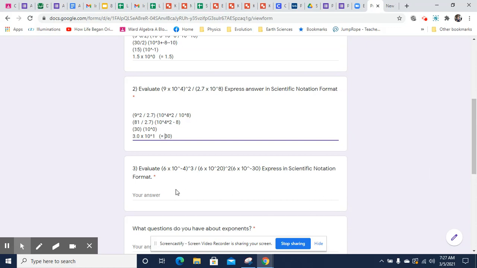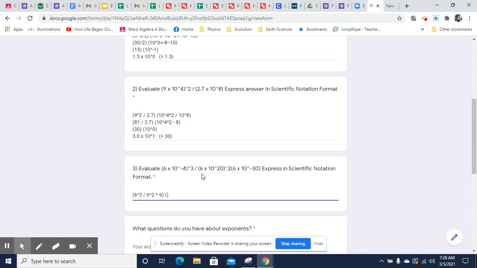Okay, so now we've got this one: 6 times 10 to the negative fourth to the third over 6 times 10 to the 20th, which is squared, times 6 times 10 to the negative 30th. So let's group our coefficients and group our powers. Over here, I'm going to have 6 to the third, divided by 6 squared, because that expression is squared, times 6.